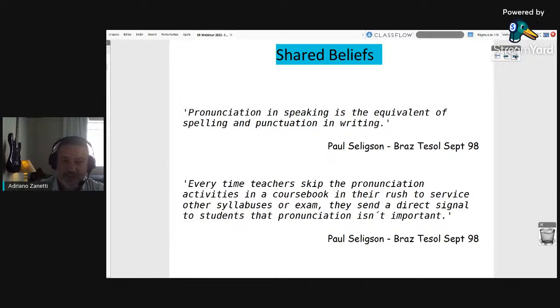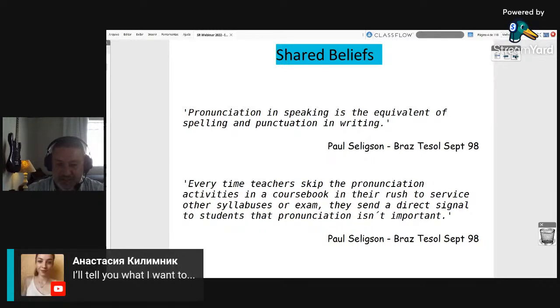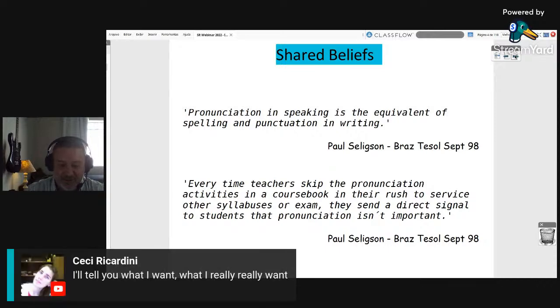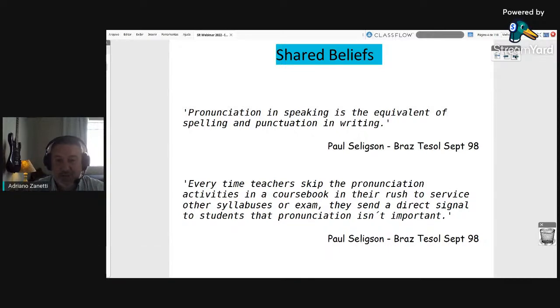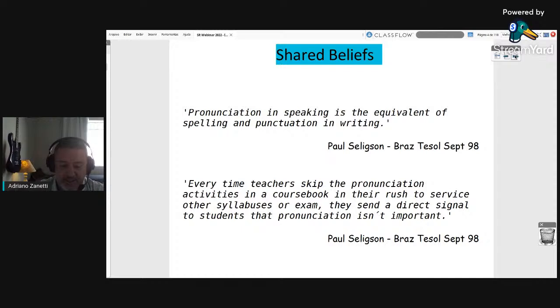In this case, I used some phrases or song titles or anything that you've got in your mind. And why do I do that? Because I have some shared beliefs. If you look at what Zeeh said in one of his BRAZ-TESOL sessions in Brazil, BRAZ-TESOL is an association in my country in which we have all the Brazilian English teachers.